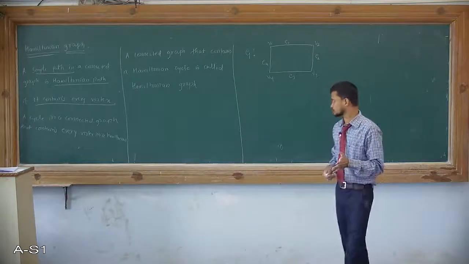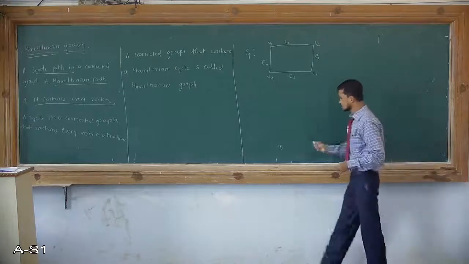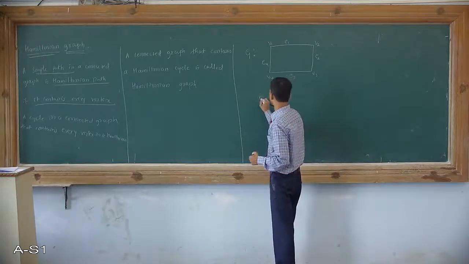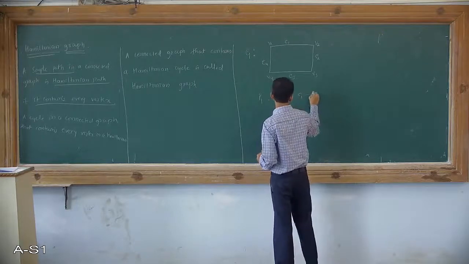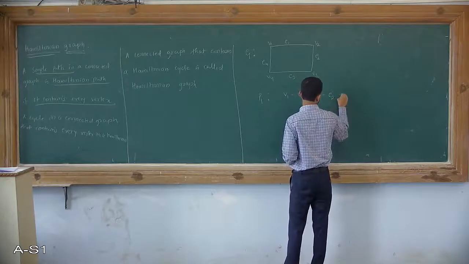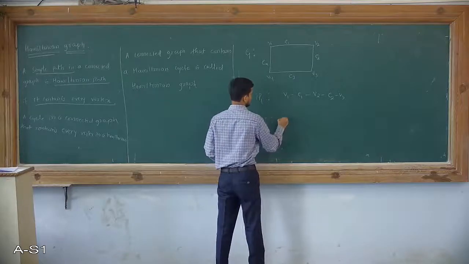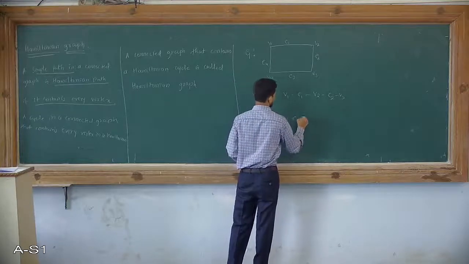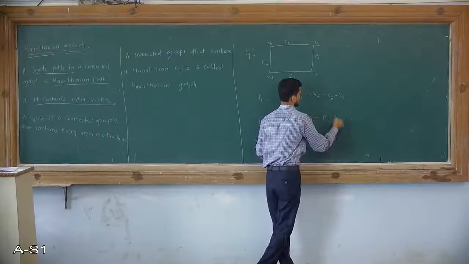So for this example, I will write the paths here. First path P1: V1, E1, V2, E2, V3. P2: V1, E4, V4, E3, V3.